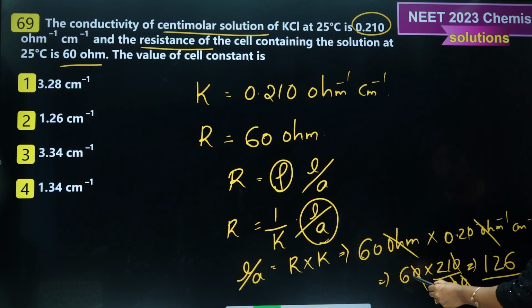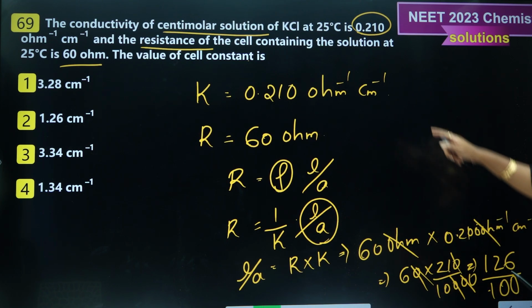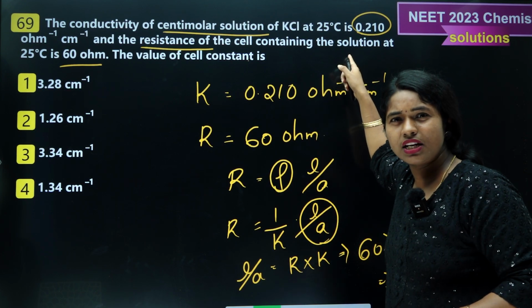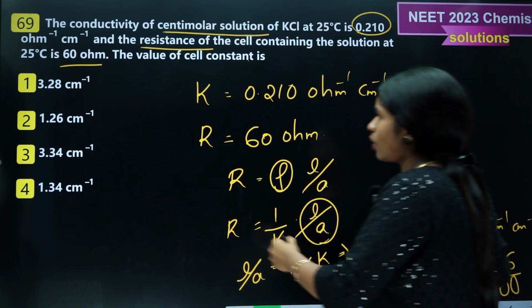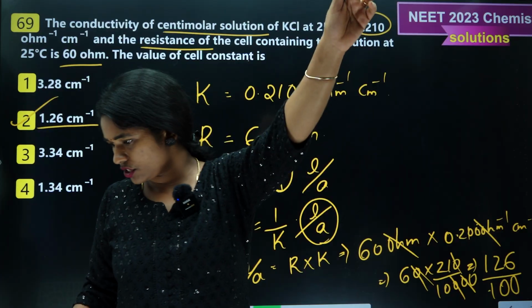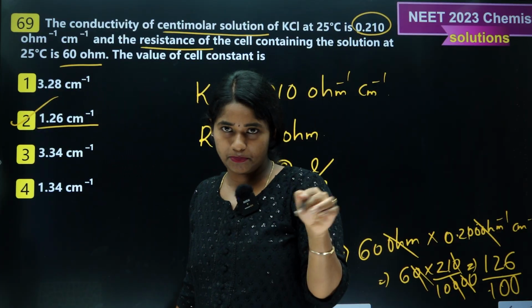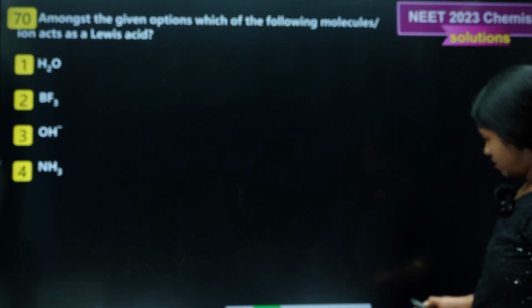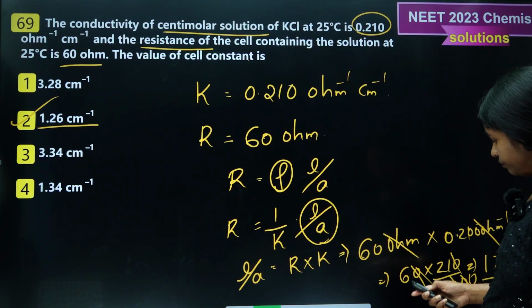I think there is some correction in this question, 0.2010 or 210. I have done this already; you will be getting 1.26. The question paper is outside, please check that. I will pin it. Here the answer is option 2.